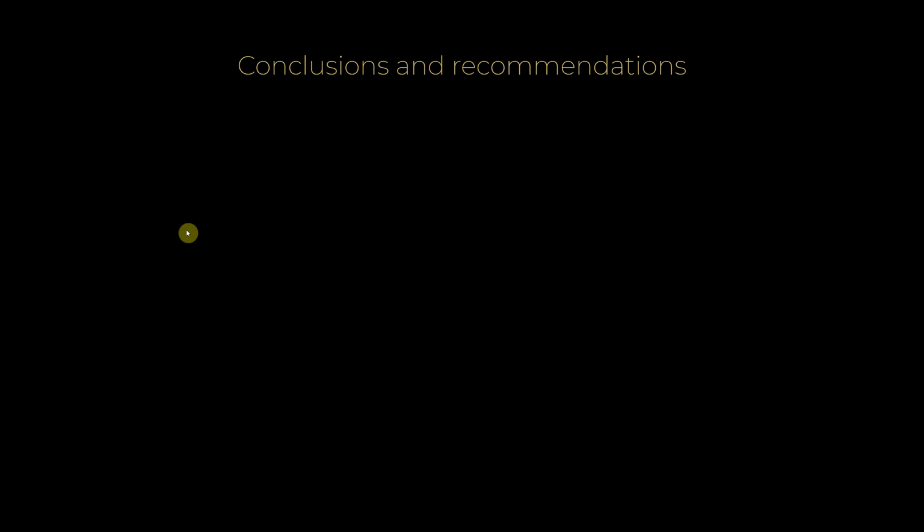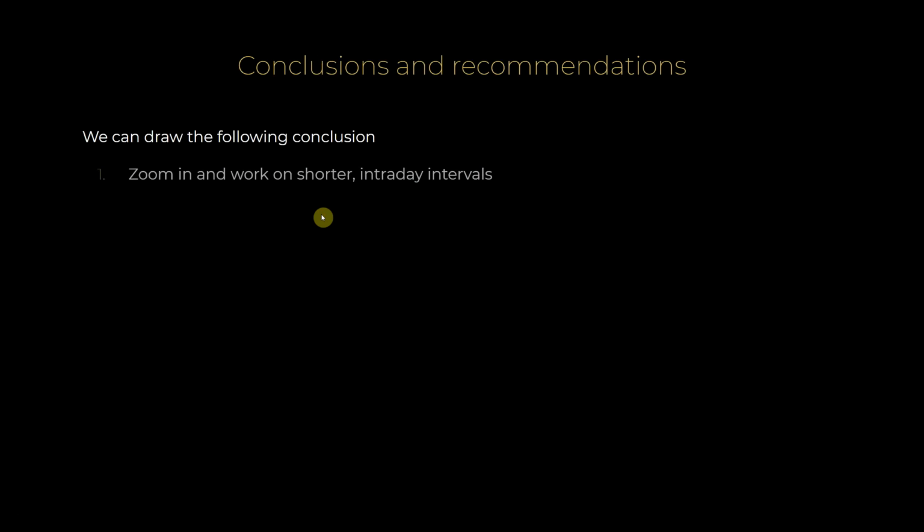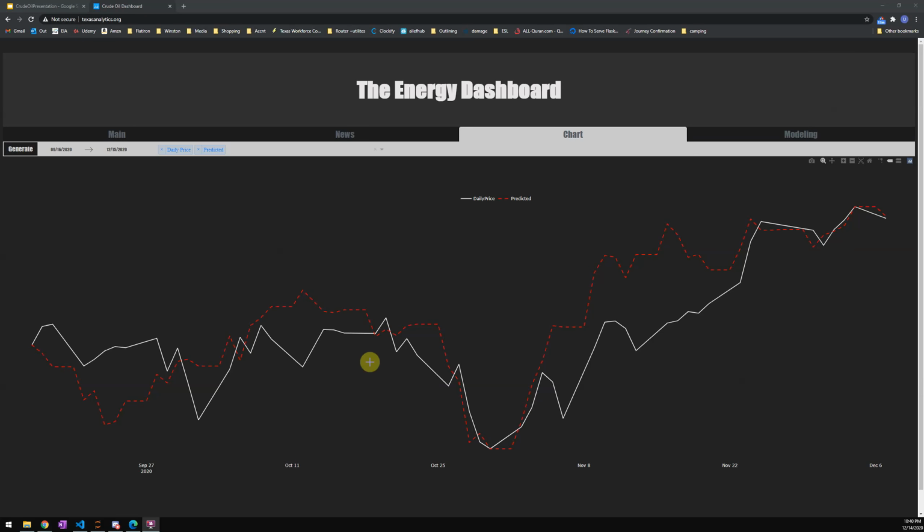So my conclusion from the model was that one thing that would be effective would be to zoom in and work on shorter intraday intervals. To explain what I mean by that and why I say that, let's go back to the chart. When you look at the predictions charted against the price on the web app, we can zoom in on places, and we see that there is a bit of a lag, but it's a small lag.